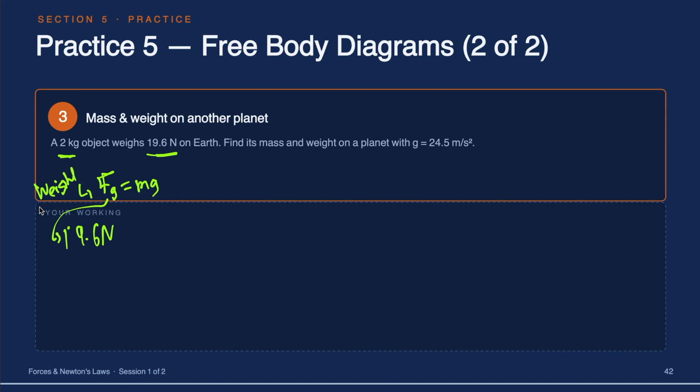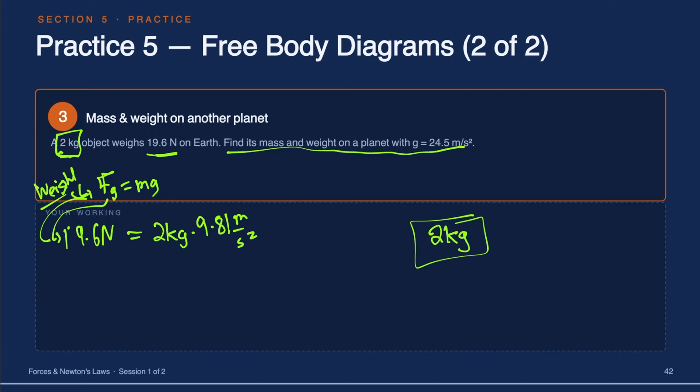Weight is force of gravity, is equal to 2 kgs, which is the mass, times 9.81 meters per second squared, right? Find its mass and weight on a planet with g equal to 24.5 meters per second squared. Mass is always going to stay the same, so it's still going to be 2 kgs on planet X, let's just say.